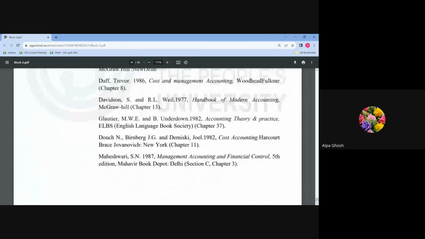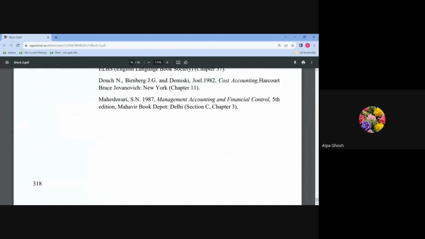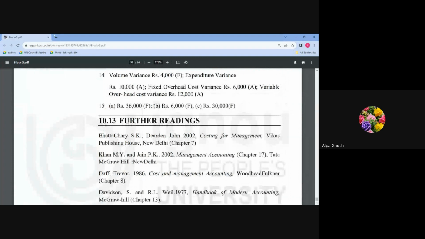I don't think there is anything more to be continued in this. Yes, this is the last page. So all the topics for today are done. Nothing is left. Just let me know if anything is left.